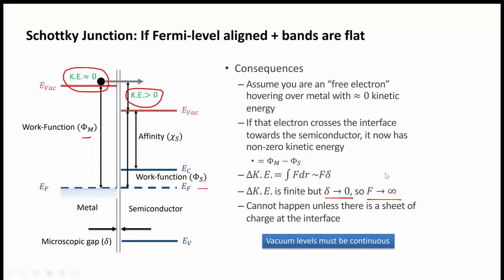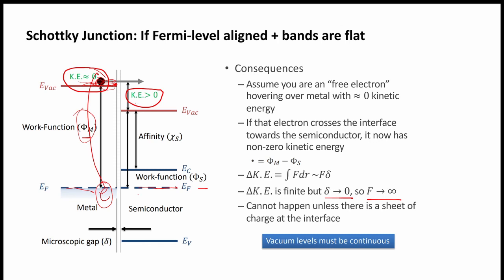What will happen if we have just aligned the Fermi levels? Suppose we have knocked off an electron from the metal to the vacuum level by giving an energy equal to phi m. At this edge, the electron has zero kinetic energy.